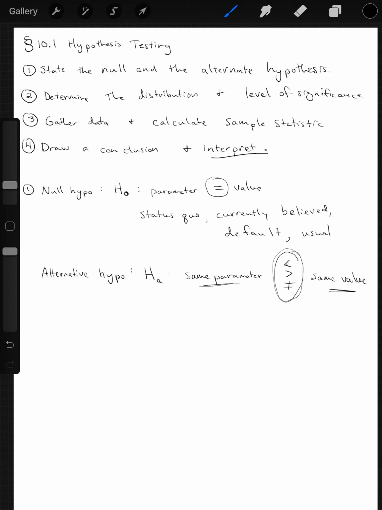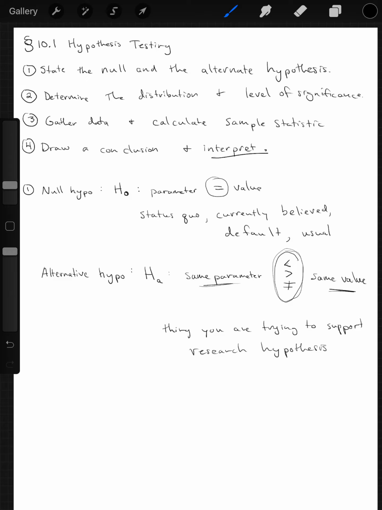Right, and so this is the thing you are trying to support. It's also called your research hypothesis, right? So if you think that something is wrong with what's currently believed, if you think that the status quo is incorrect, then that's when you do hypothesis testing, and the alternative hypothesis represents what you think is true instead, right?